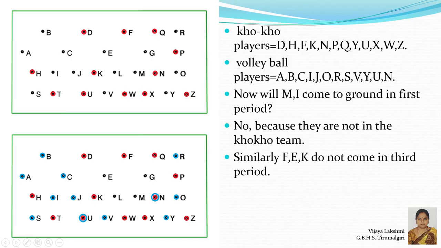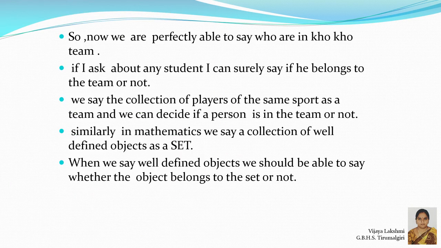So from the figure, I am able to clearly say who are eligible to come in the first period and all those who are eligible to come in the third period. So if I ask about any student, I can surely say if he belongs to the team or not.